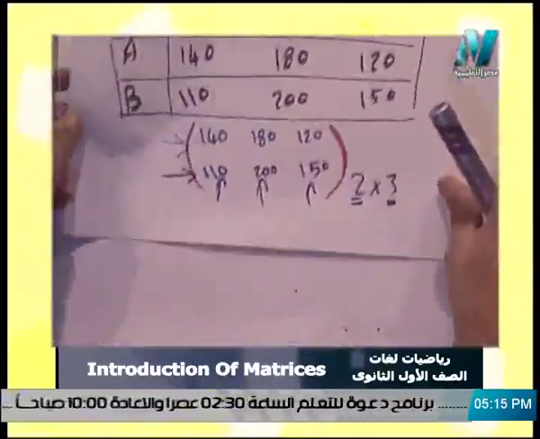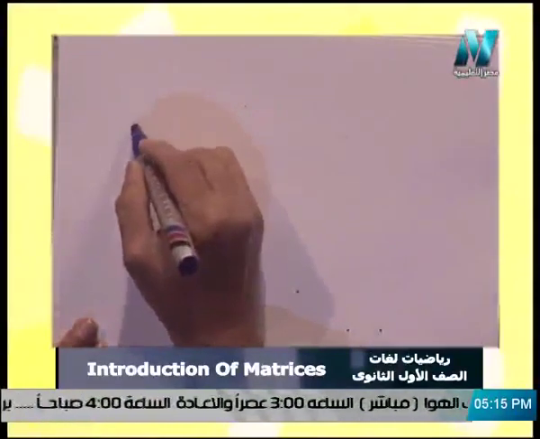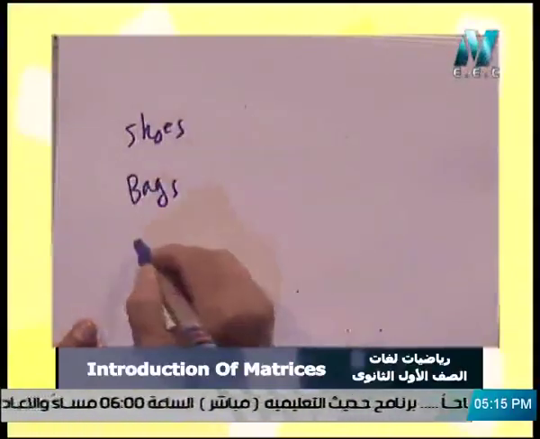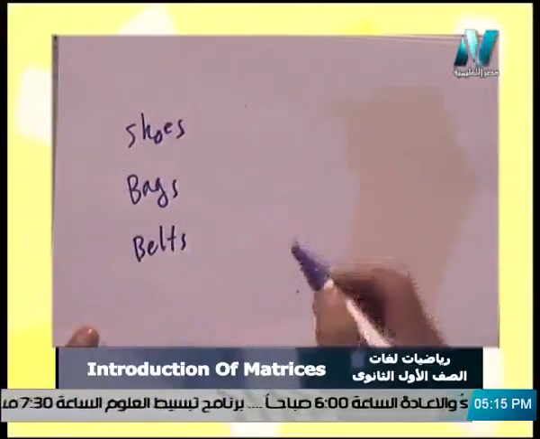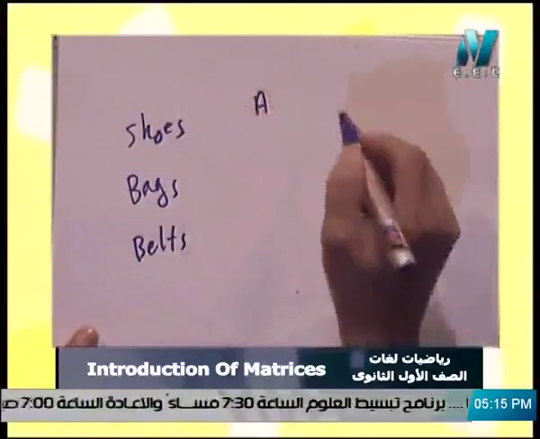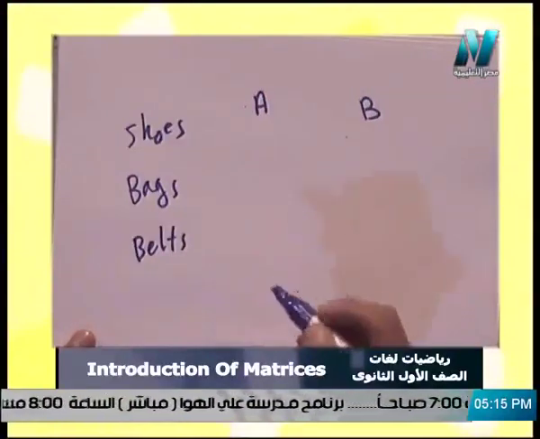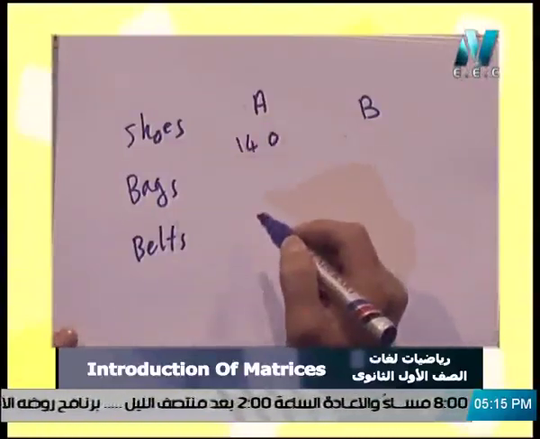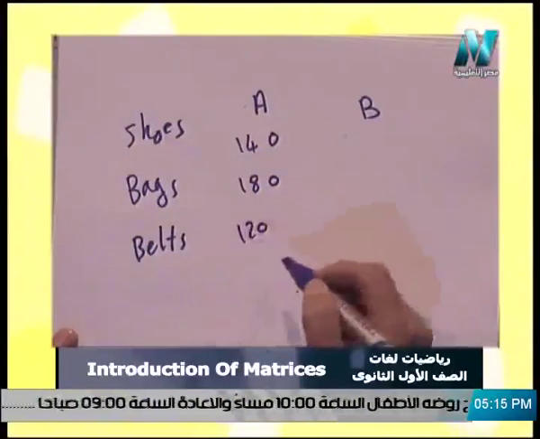Okay, look carefully here with me. We can write it like that. We have here shoes, bags, and belts. Okay, and we write here branch A and branch B. Branch A produces 140 shoes, 180 bags, 120 belts.